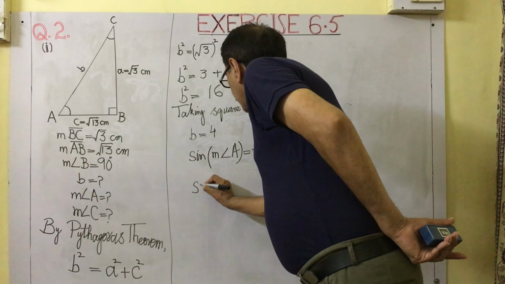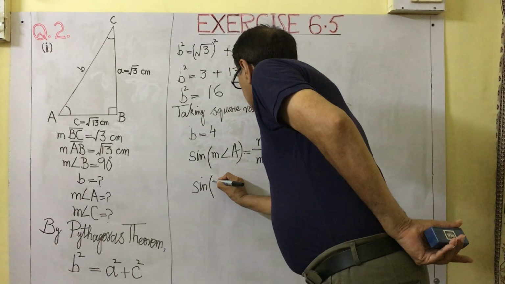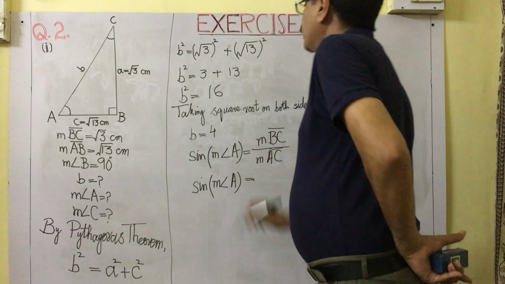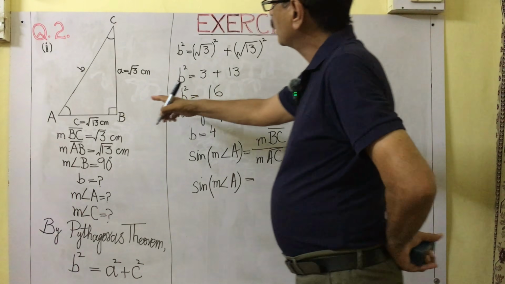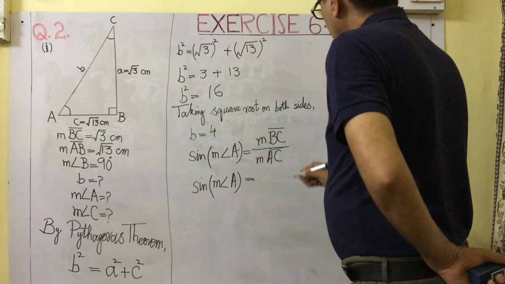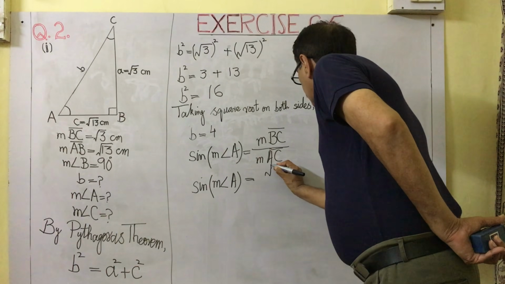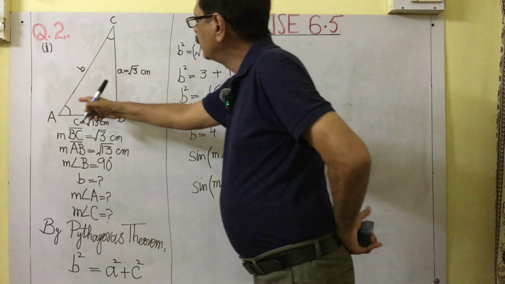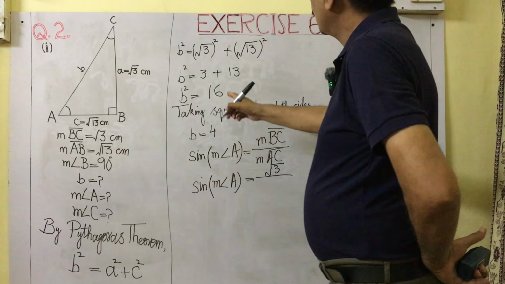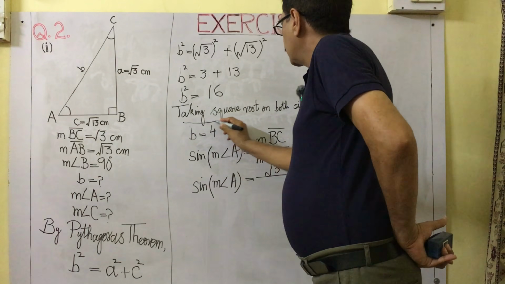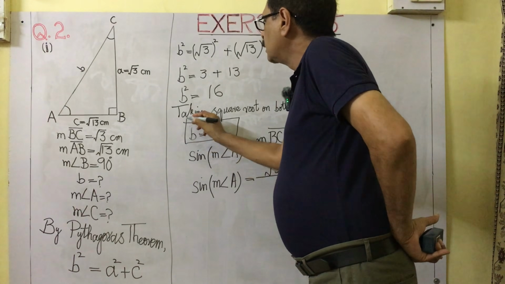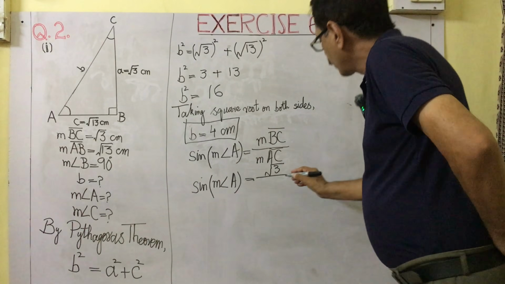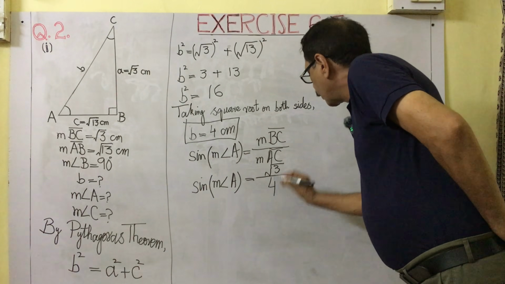Sine of angle A is equal to BC, that is A, which is square root of 3, over AC, which is equal to B, the value is 4 centimeters, over 4.